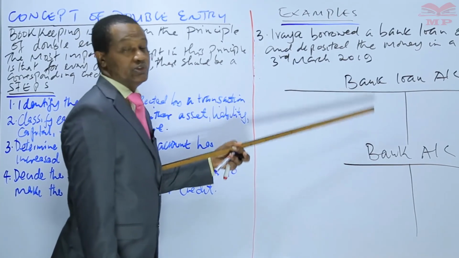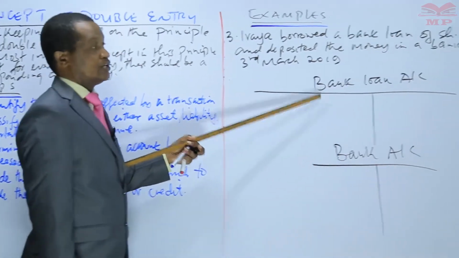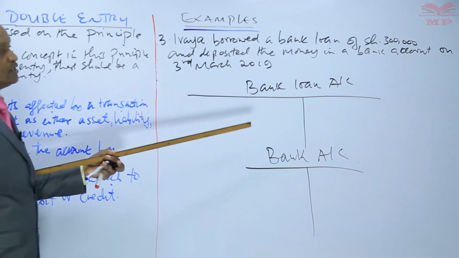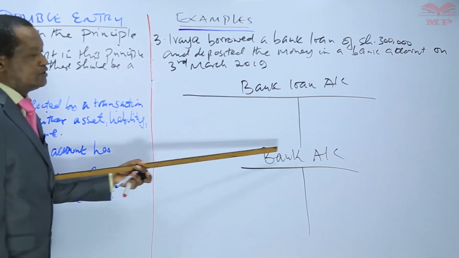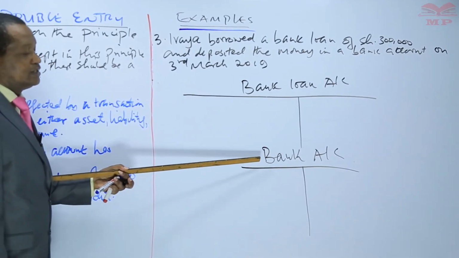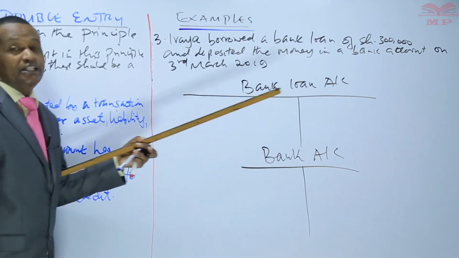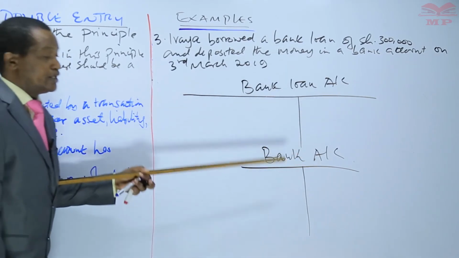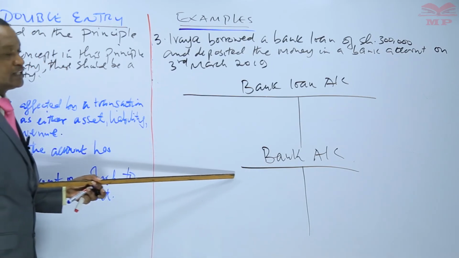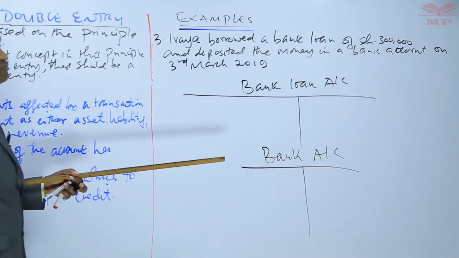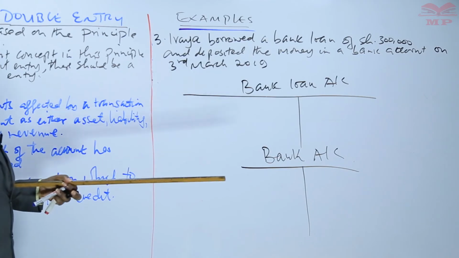Has this account reduced or increased? This account has increased. Bank account has received money. Has this account increased or reduced? This account has increased. Borrowed money, that means the money that he has in the account will go up. Is that clear? That should be clear.